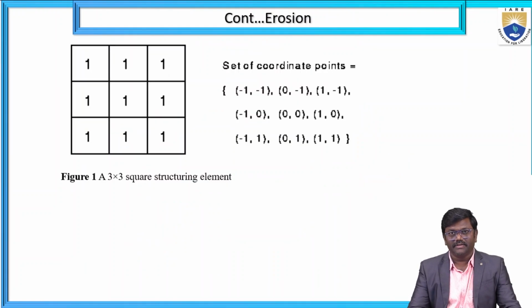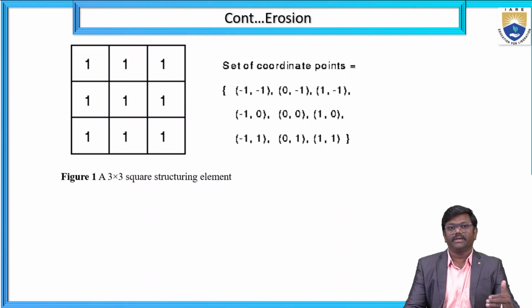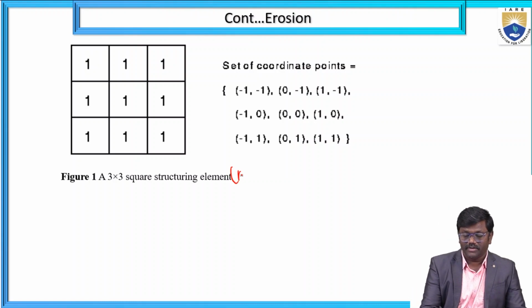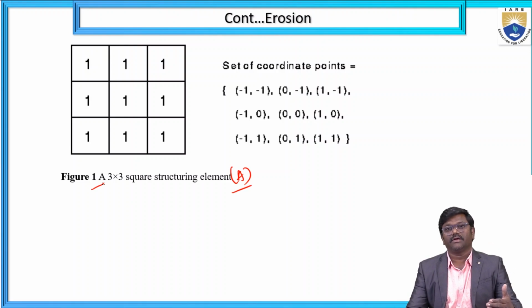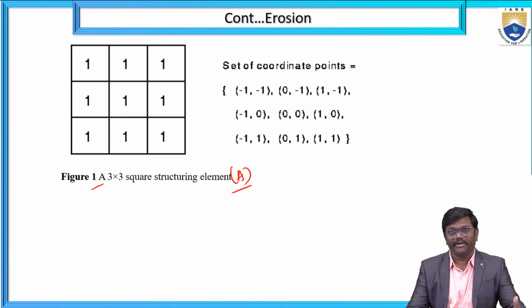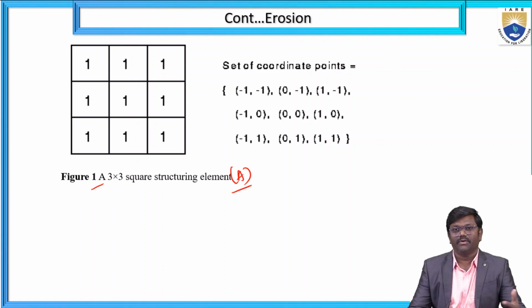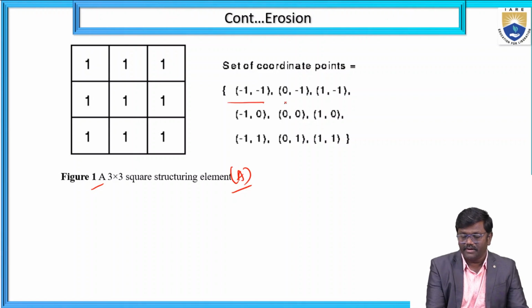Coming to this erosion operation, which we keep in terms of a 3 by 3 structuring element of A, this A is kept as a set of coordinate points varying from one to another, here in terms of 3D.